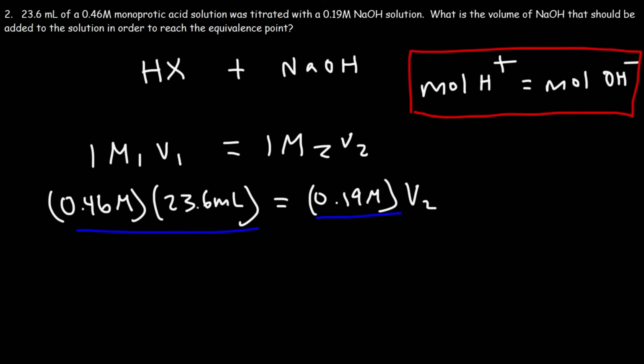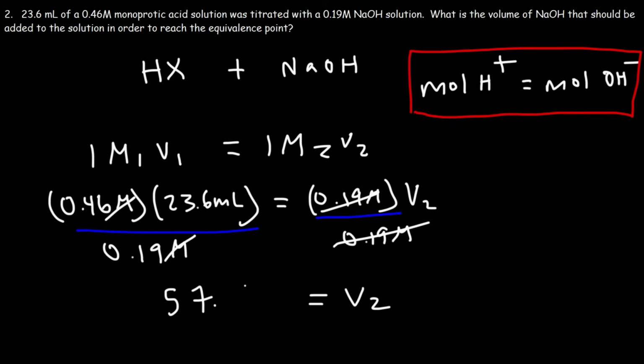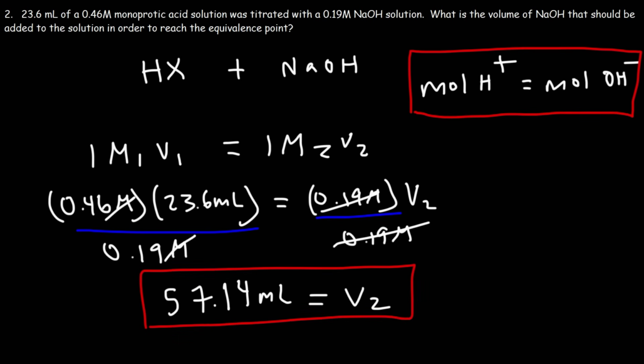So let's divide both sides by 0.19 M. So those units will cancel, and we're going to get V2 in milliliters. So it's 0.46 times 23.6 divided by 0.19. So the volume that's needed to reach the equivalence point is going to be 57.14 milliliters. And so that's it for number 2.